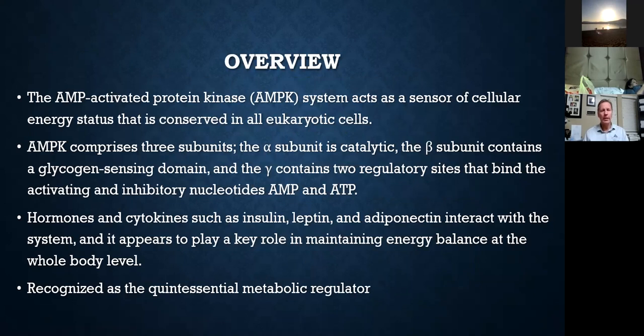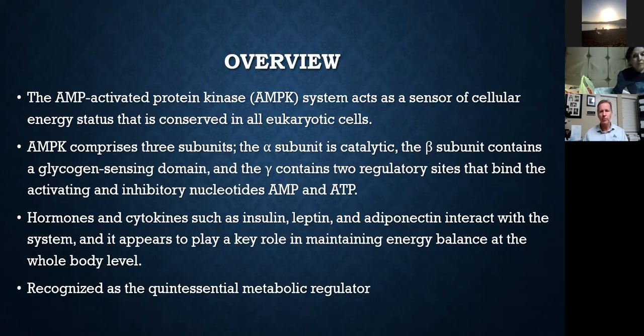So here's just kind of the overview. The AMP-activated protein kinase system acts as a sensor of cellular energy status that is conserved in all eukaryotic cells. So for any energy that's taking place within the cell, this functions as a sensor of that energy, which makes it a pretty core component within what happens within the cell. And it has three different subunits.